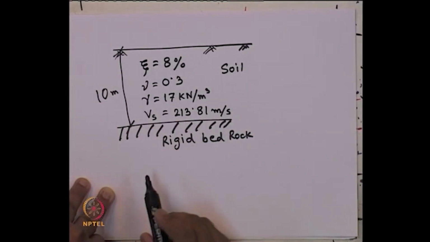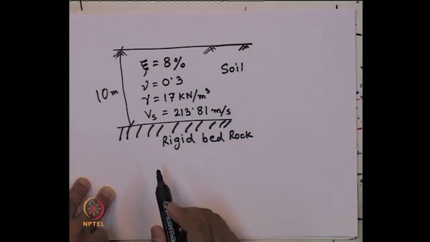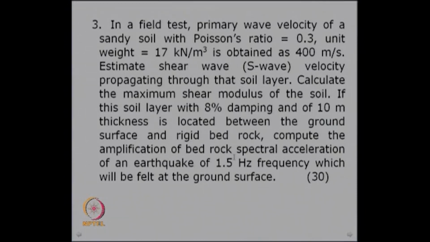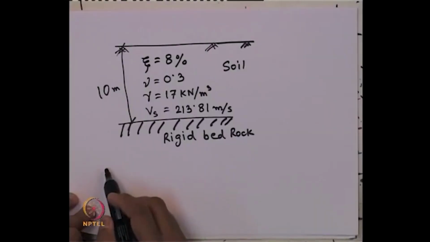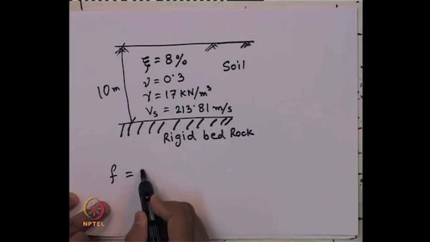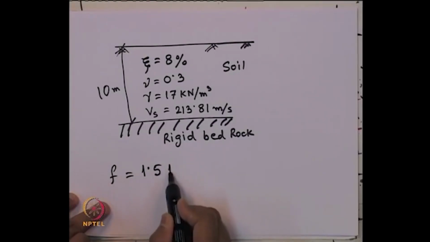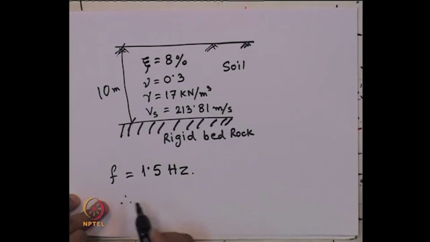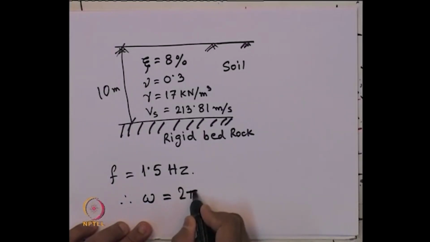So, knowing these things, what we can write? It is mentioned what is the frequency of earthquake excitation, that is 1.5 hertz. Can you see here? So, if frequency of earthquake is given as 1.5 hertz, which is a very common range of frequency of earthquake, as I have already discussed, if we convert it to circular frequency of earthquake, omega will be 2 pi f.